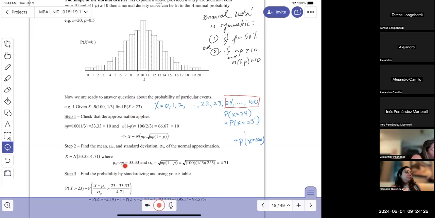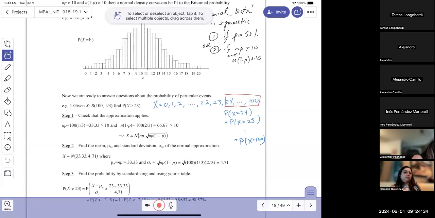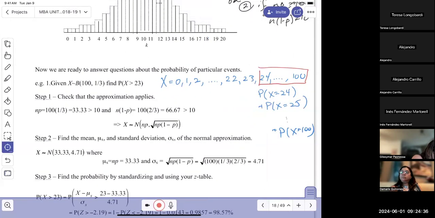The n times p that we calculated was 33. That's the mean. So I use the symbol for the mean of X. You don't have to write all this, just as long as you understand. I'm just trying to emphasize this is the new mean, the mean of the variable X, which is a normal now. So that's the mean of 33, which you can compute.